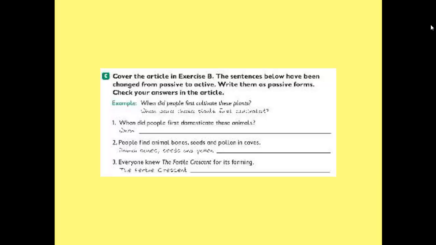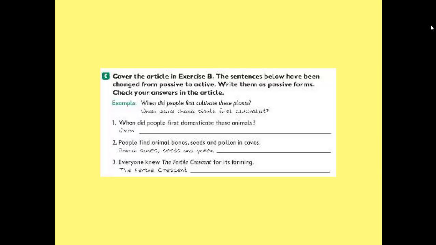Yes, excellent. Number 1. When did people first domesticate these animals? When these animals, yes, excellent, were first domesticated. Number 2. People find animals' bones, seeds, and pollen in caves.